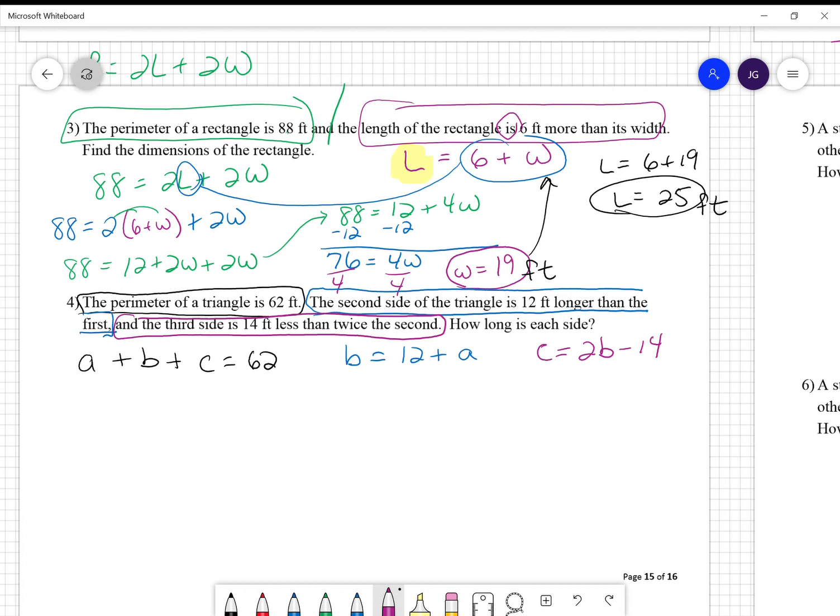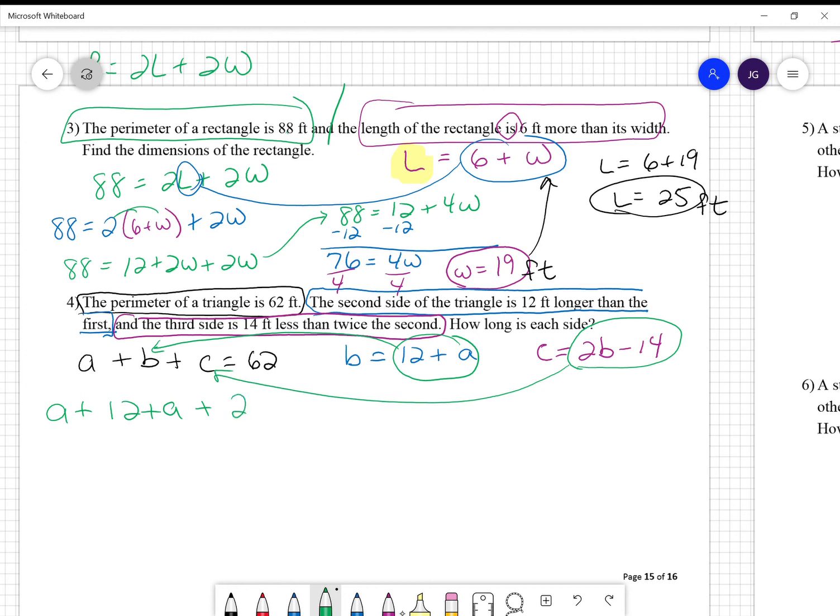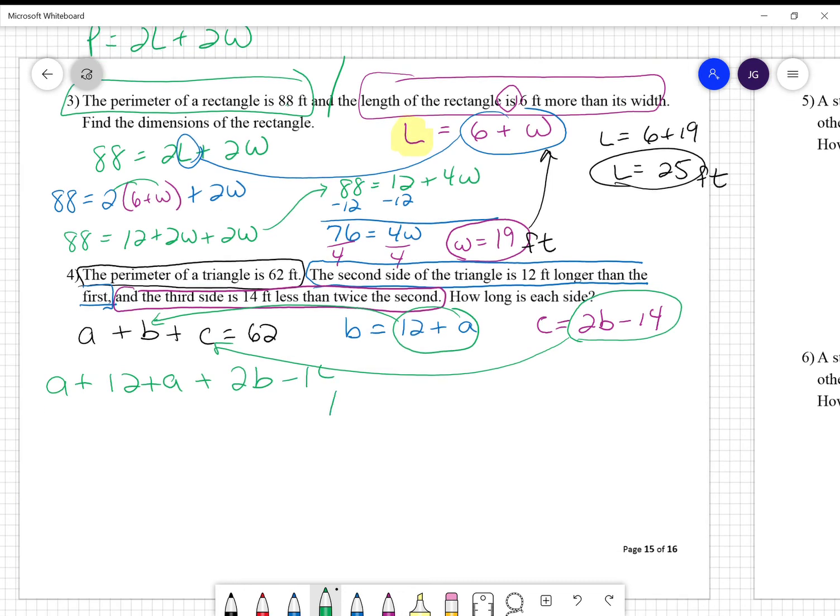All right, so I am going to put 12 plus A in for B. I would get A plus 12 plus A plus, instead of C, I'm going to put 2B minus 14.